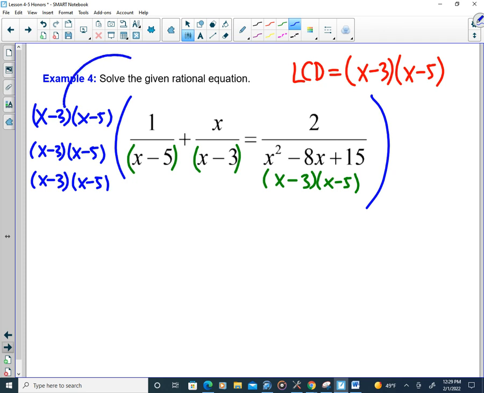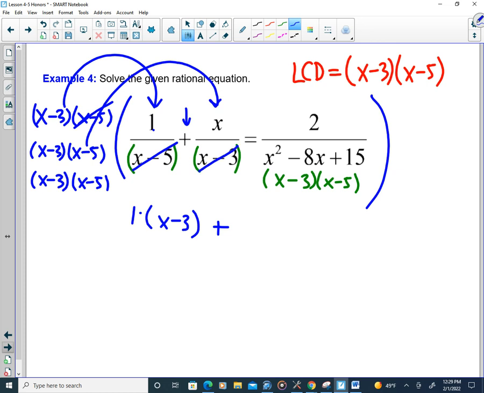So when I take my first one times my first fraction, the x minus 5 on the denominator would cancel with this x minus 5. So we're just going to have 1 times x minus 3. And then I got plus, because of my plus sign here. I'm going to take x minus 3 times x minus 5 times this fraction. Well, the x minus 3's cancel out.